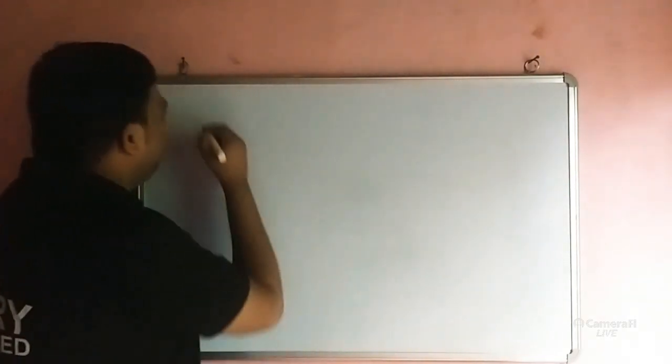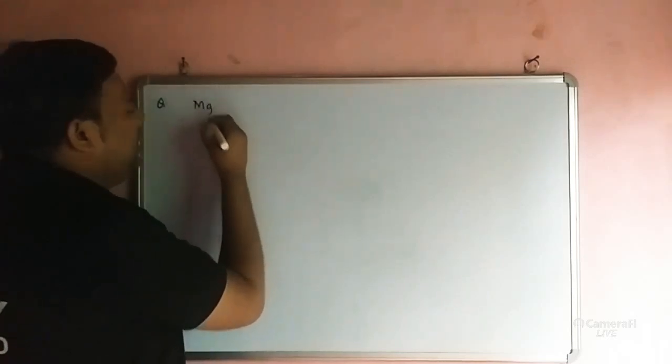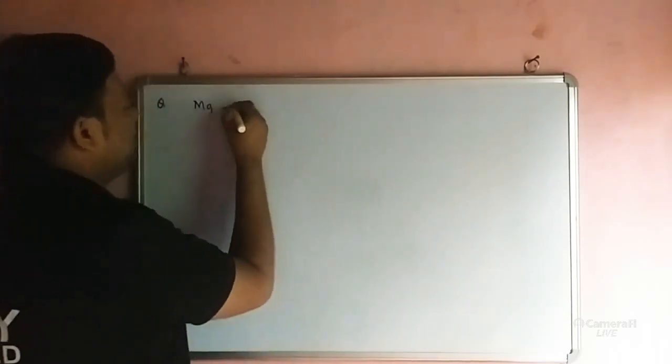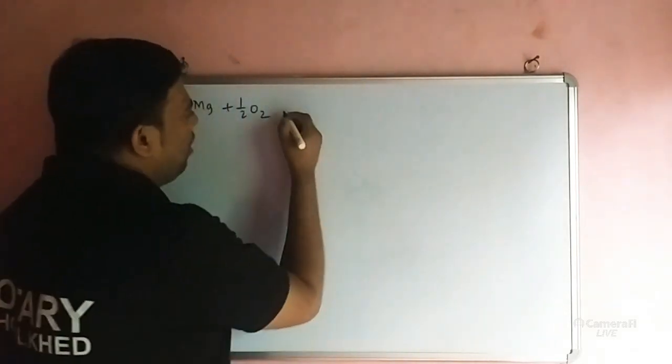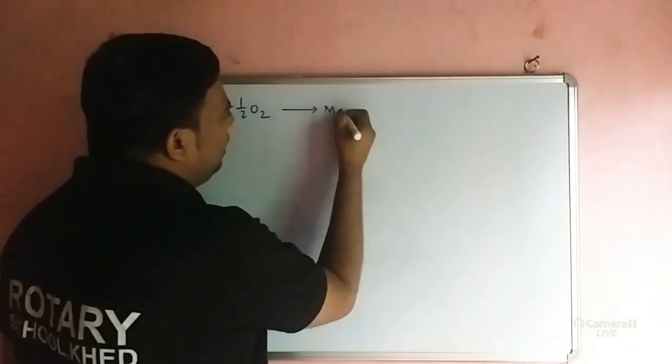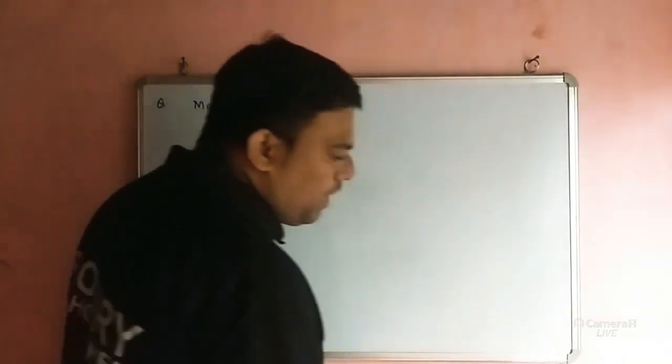Question: Mg plus half O2 gives what? Yes, that gives MgO.